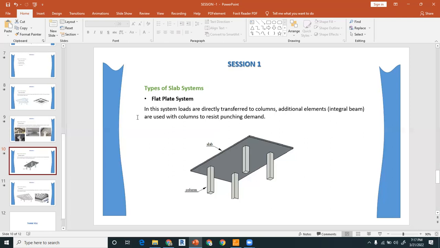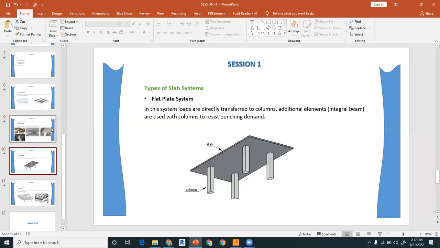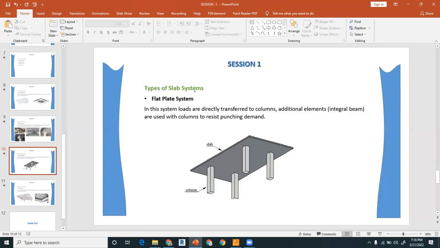If the architect says that he does not want any drop panels or column capitals, because it will not look good as per the architectural design, and wants only a flat slab, with no column capital and drop panels, then you must go for the flat plate system, in which you must design your columns for the punching, and you must design the integral beam for that system as well. Again, the code says that you cannot design this system in zone 3 and zone 4. You must go for the beam slab system, right?